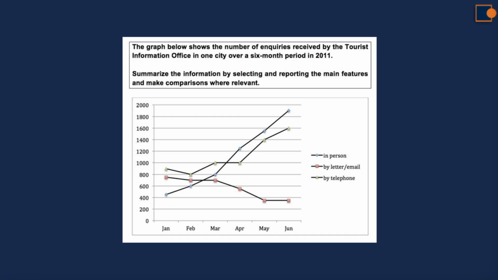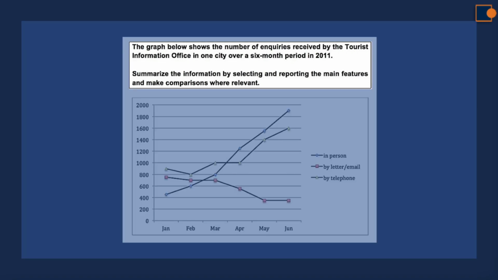The first part is the rubric. What's the rubric? If you can see, it's highlighted. It is the instruction and general description of the entire question. The graph below shows the number of inquiries received by the Tourist Information Office in one center over a 6-month period in 2011.